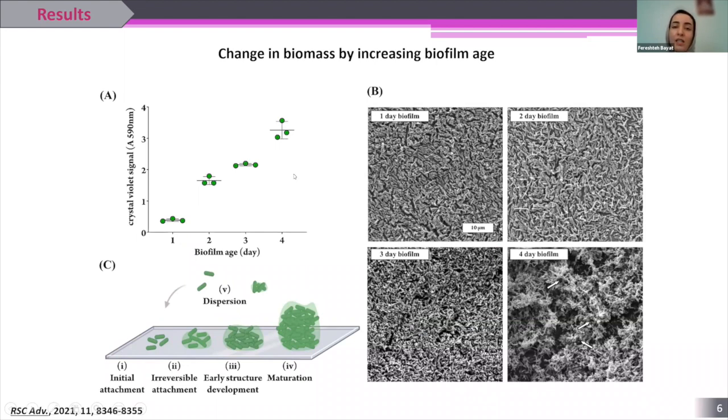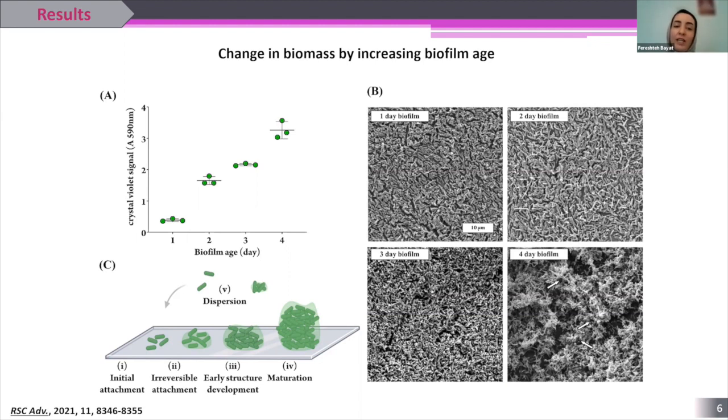As you see here, we quantified the biomass using a crystal violet assay. After 1 day, bacterial cells attach to the surface. Then in the next step of biofilm formation, they spread along the surface, and by secreting extracellular polymeric substance, they form a 3D structure.